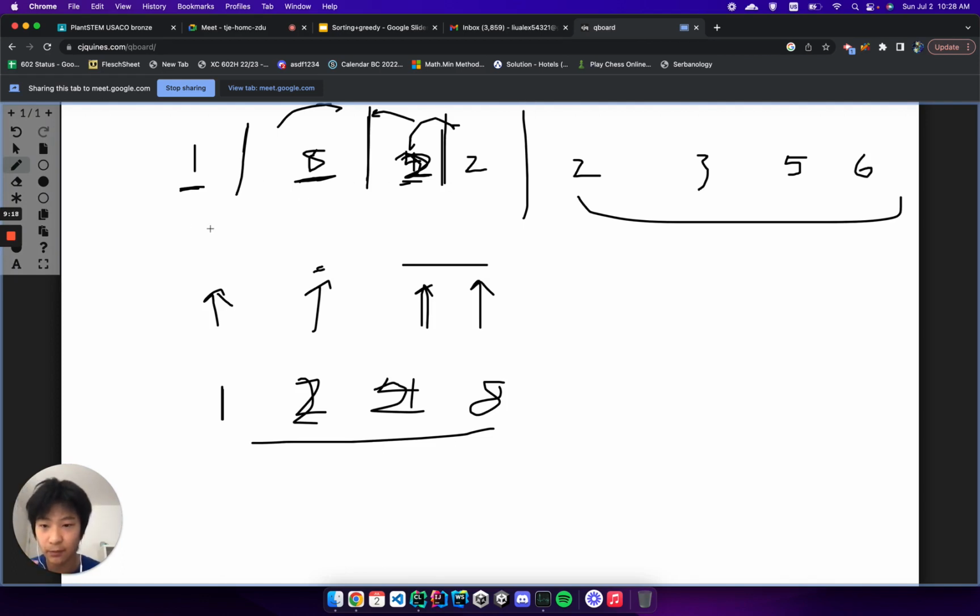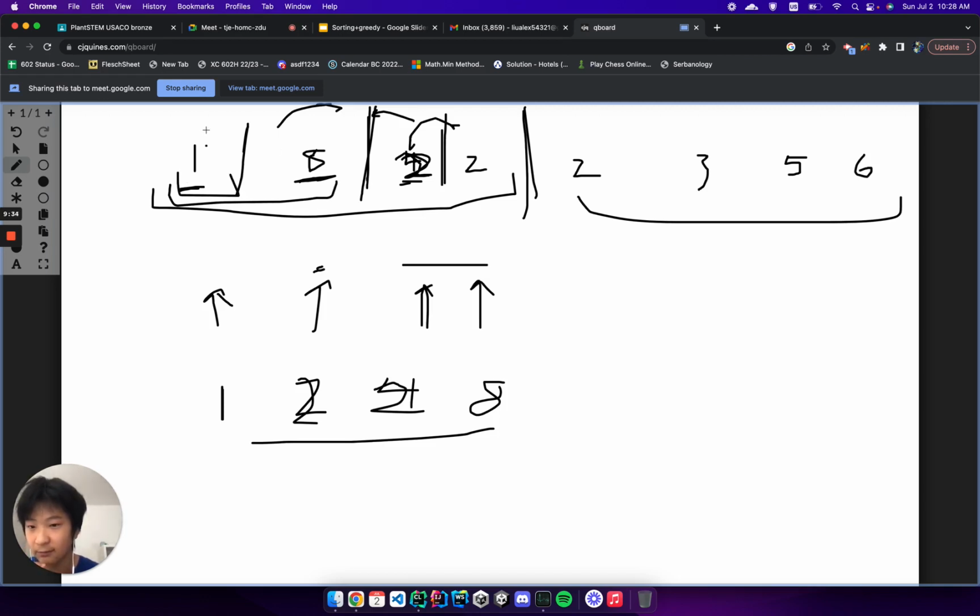So when we're given the entire array, first we split in half, right? Then we look at the left half. Then we do this process again on the left half. So we look at this part and then we split it, and then we look at its left part. And then we just keep doing that until we get down to 1 element. Then we return this back up because it's a recursive function.